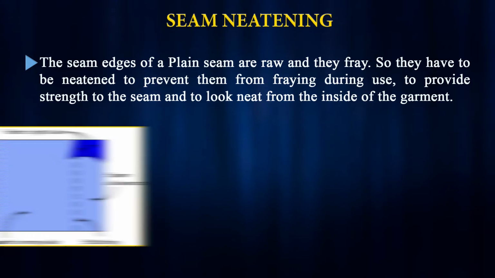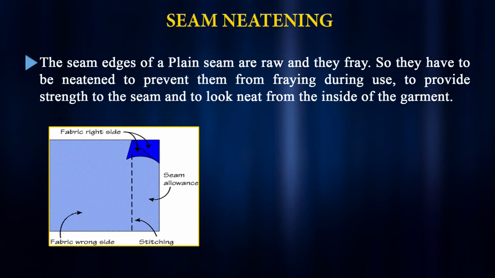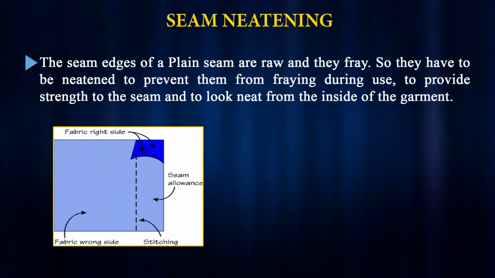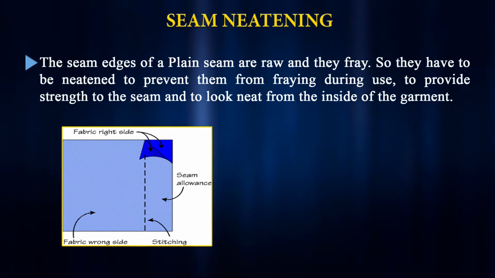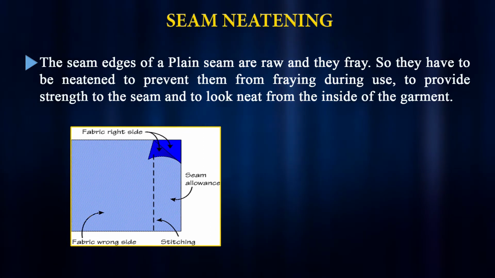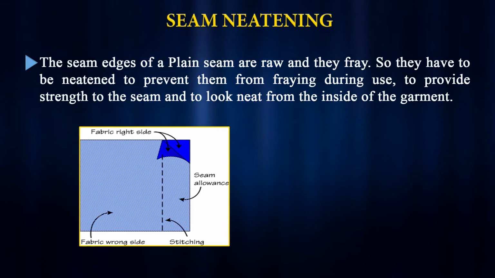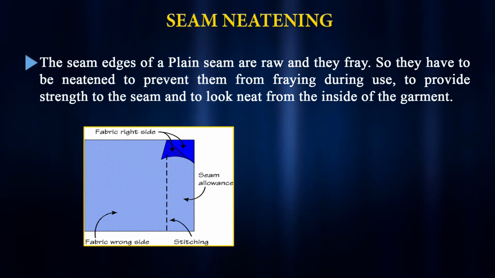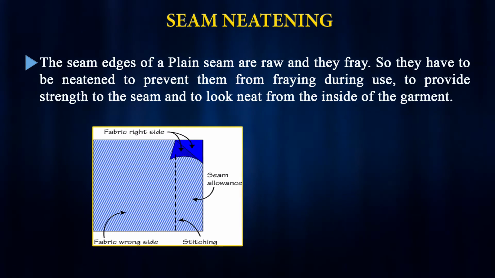Then what is seam neatening or finishing? The seam edges of a plain seam are raw and they fray. If you see in the picture, if we have done the plain stitch and we leave it like that, without any seam finishing or neatening, the edges of the fabric will fray and come out after some time.